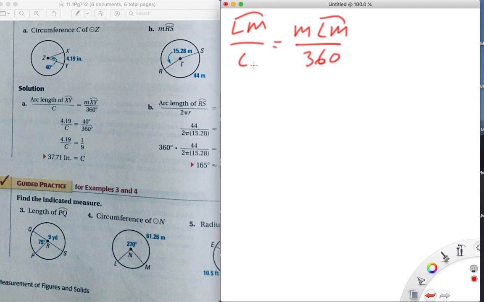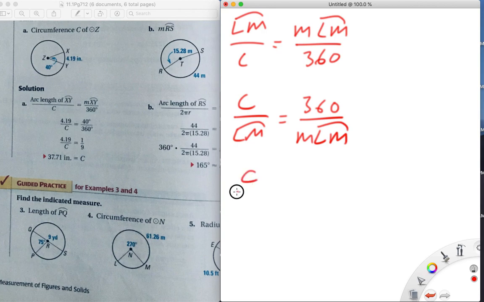Since the circumference is in the denominator, I'm going to do the inverse of both equations, and rename it as circumference over LM is equal to 360 over the measurement of LM. Plugging in the numbers, circumference over 61.26 is equal to 360 over 270.